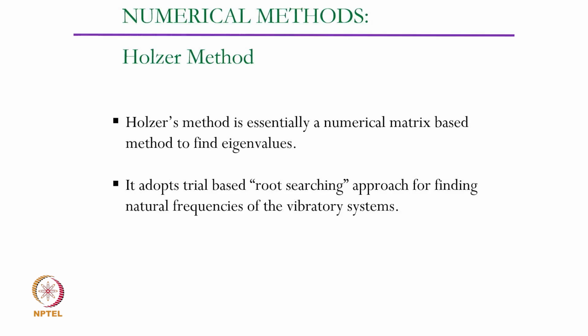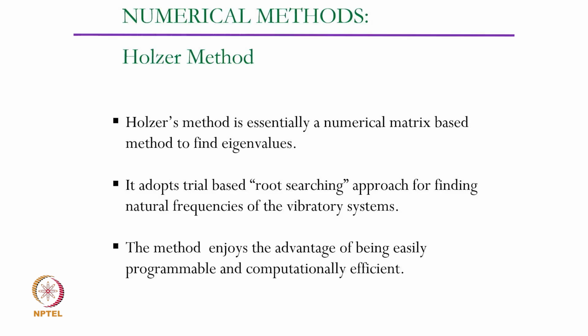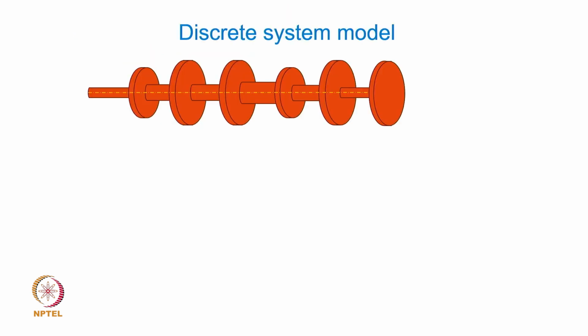So being a matrix based method, we will have to resort to some numerical computational approach for finding the natural frequencies. But the advantage is that because the entire system is modeled like a matrix, you can write an appropriate code, and then computers can take care of the calculation process.